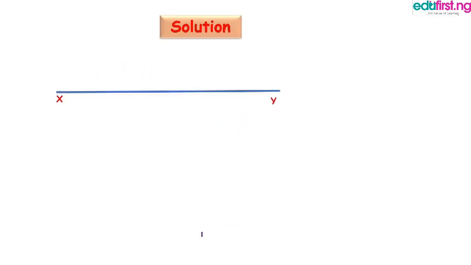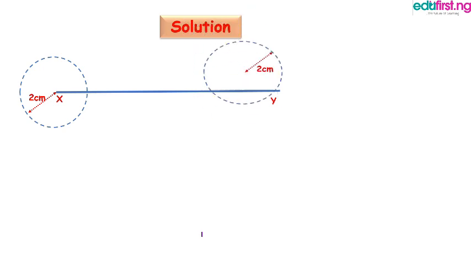We draw our line XY with the compasses extended to 2 centimeters as radius. We fix the metallic edge of the compasses at X and draw a circle. So the radius of the circle is 2 centimeters. With that same radius, we go to Y, place the metallic edge of the compasses, and draw a circle. Same radius, 2 centimeters.